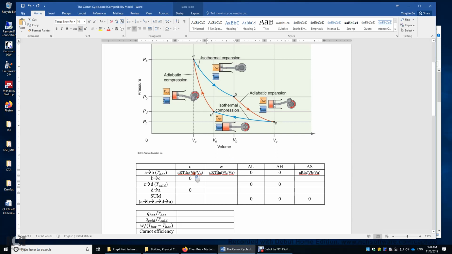Right, so we'll do this. We have to make small changes. Now the temperature is T cold, so I'll put T sub C here for T cold. This is T sub H, that's T hot. And the volume change should be VD over VC. So this is VD over VC here.